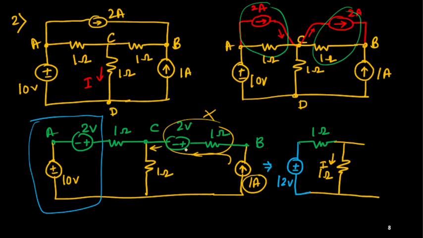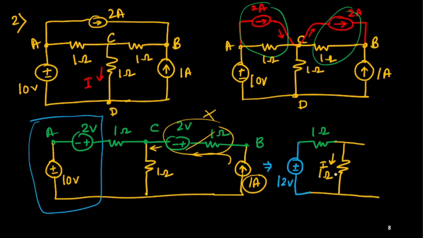So we can remove this part. Everything we can absorb within this current source. Equivalently, it has no impact, especially if I want to find out the current in this branch. It's a very, very useful concept. Try to understand what I am saying.